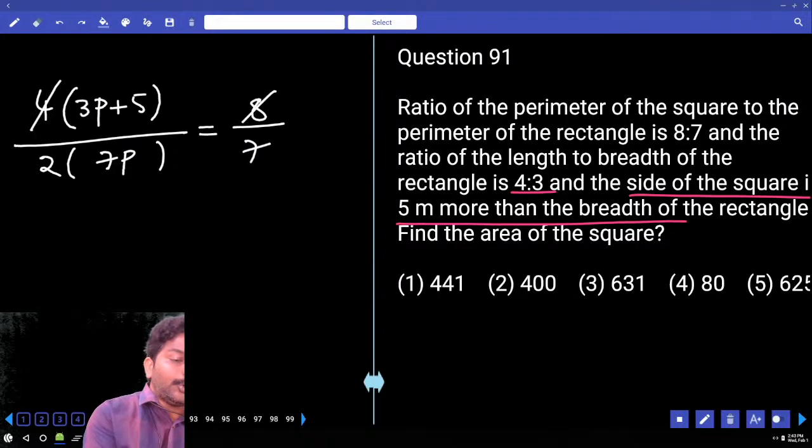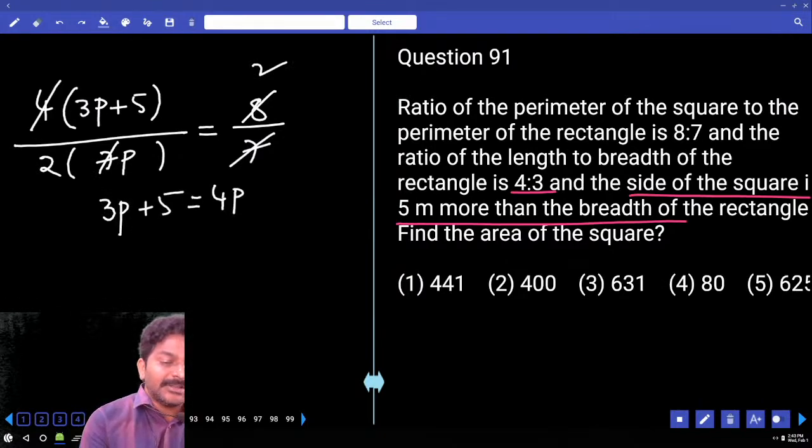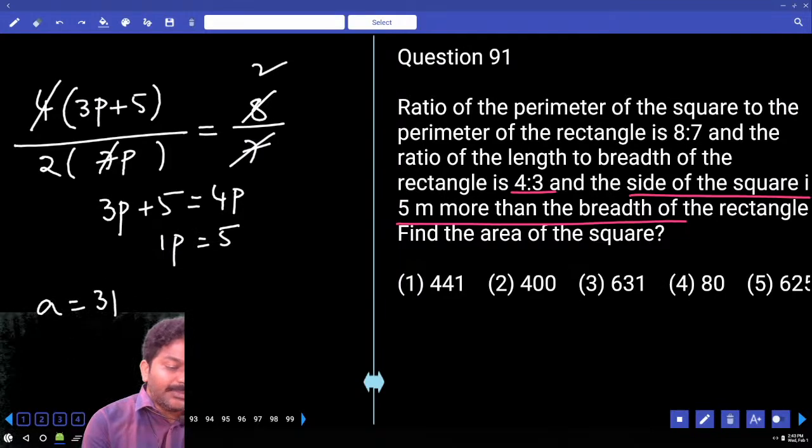4 by 2 times 7, 7 cancels. 3 parts plus 5 is equal to 4 parts. From that, 1 part is equal to 5. Side of the square is equal to 3 parts plus 5, which equals 20.